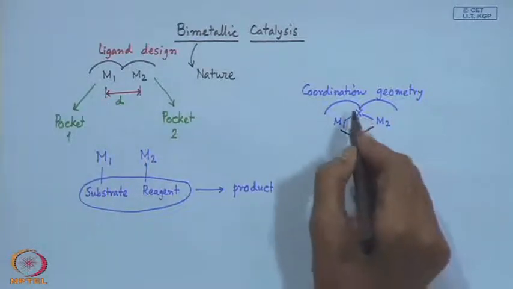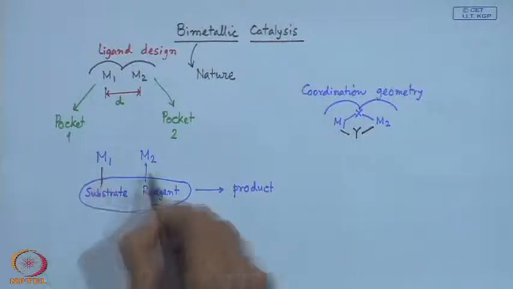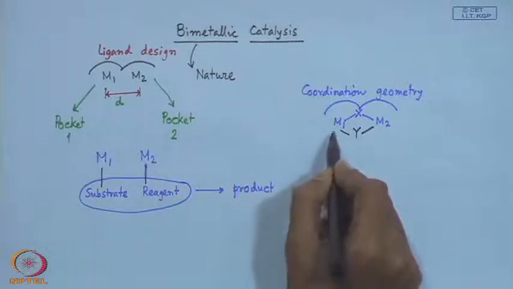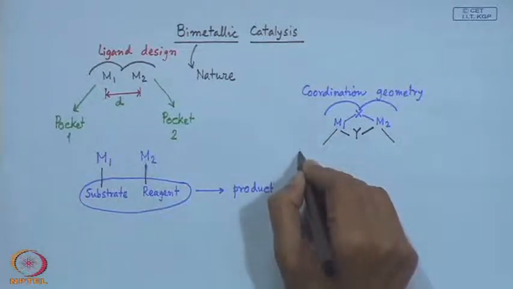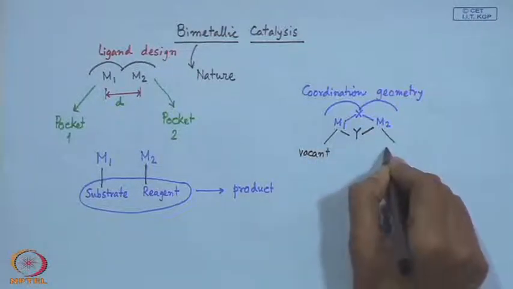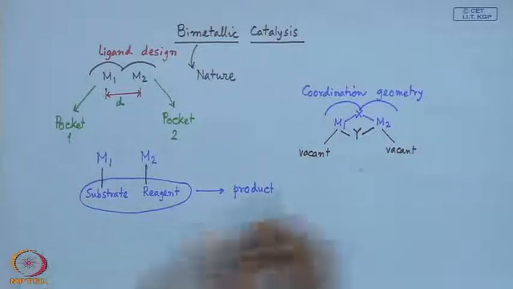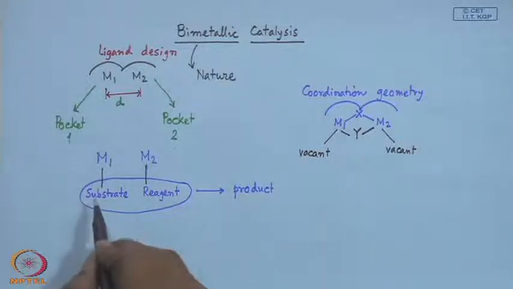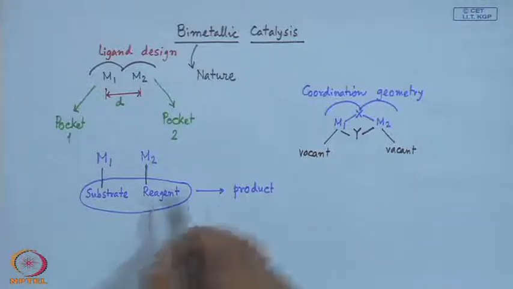And remember that whenever we bind this, you should always have some vacant positions. So, designing this, we always require some positions which should be vacant. So, these two vacant sites can be utilized for substrate binding and the second site for reagent binding.